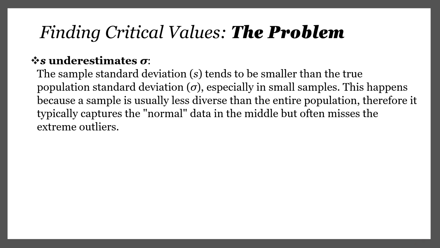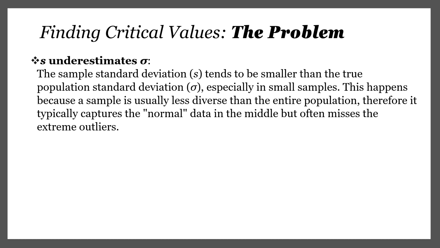Okay, so let me talk a little bit about why we use a different table of critical values when we don't have sigma, and some of the challenges that arise when using S to estimate sigma. Again, in a t-test, we're estimating sigma using S, the sample standard deviation, and estimates are not going to be perfect.